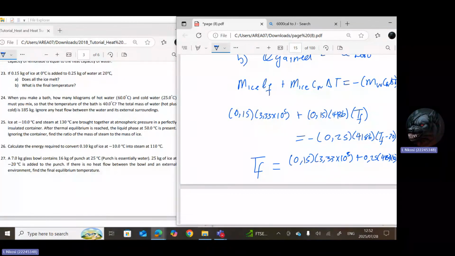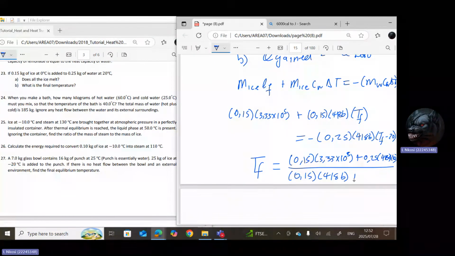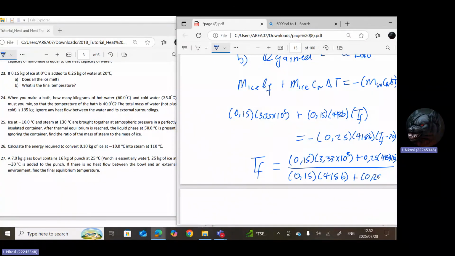Once you transpose it, divide by 0.15 times 4186 and then plus 0.25 times 4186.